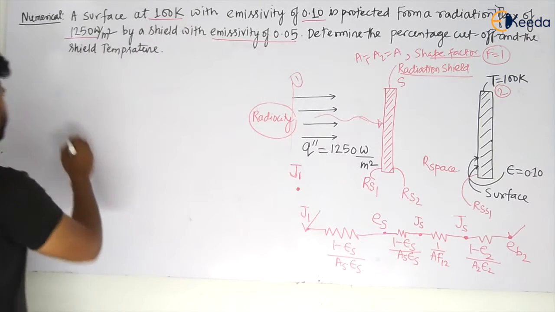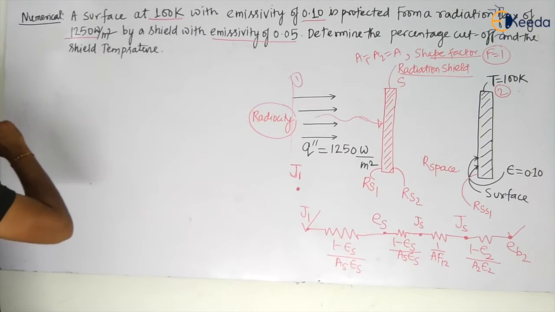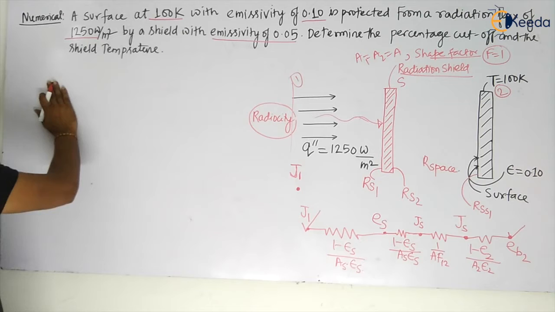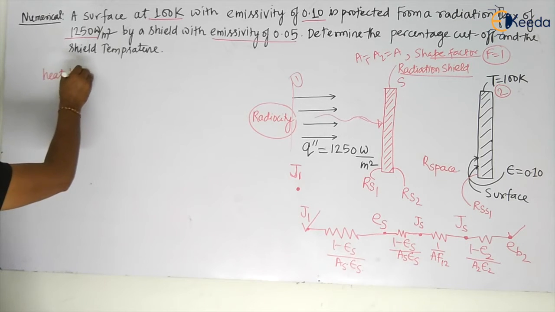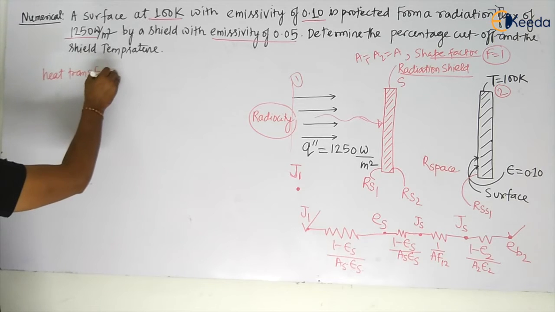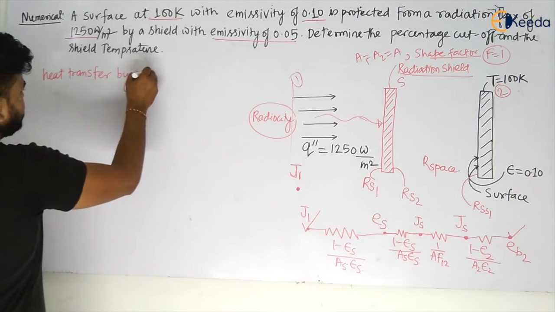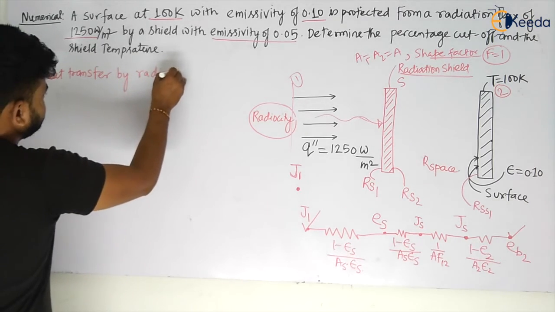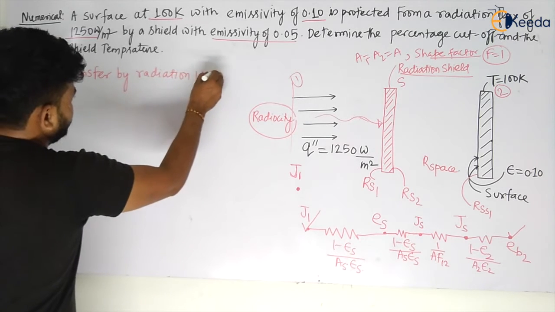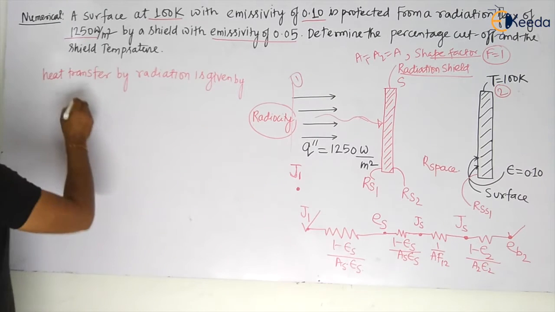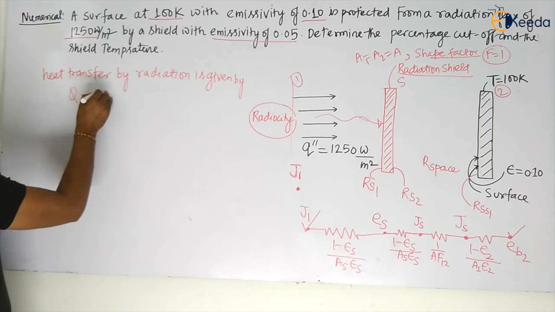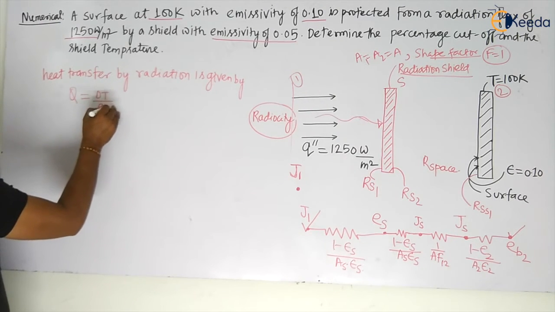So we know that heat transfer by radiation is given by, like you remember the equation, Q is equal to delta T by R thermal, my dear students.